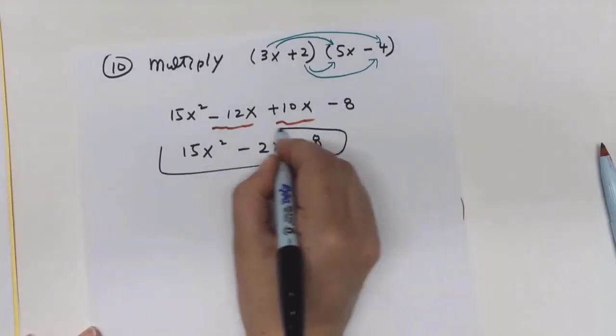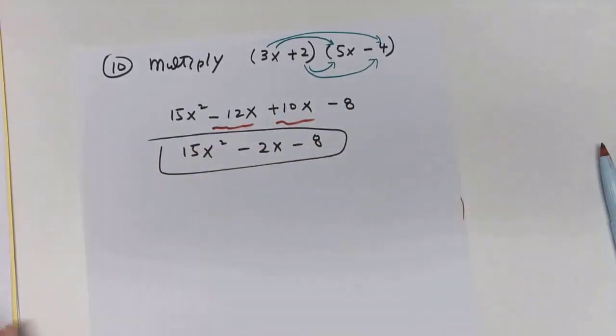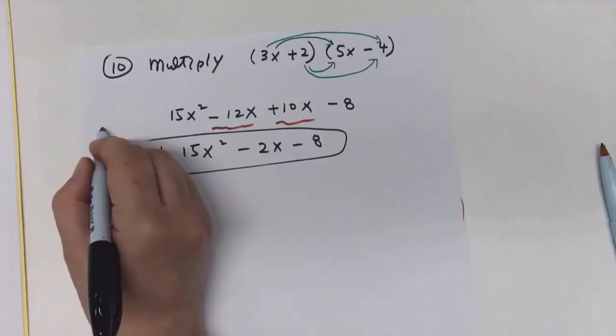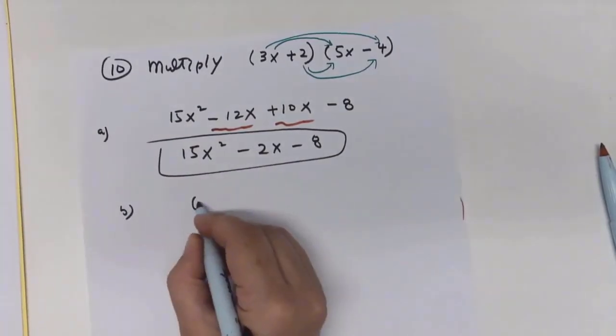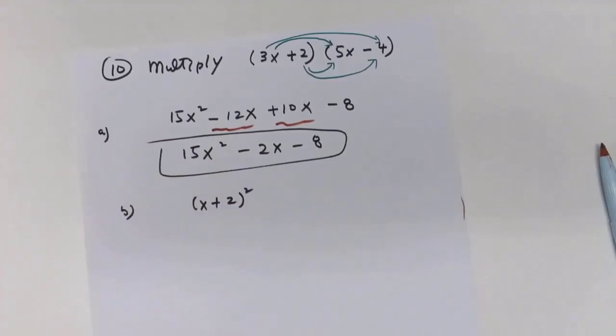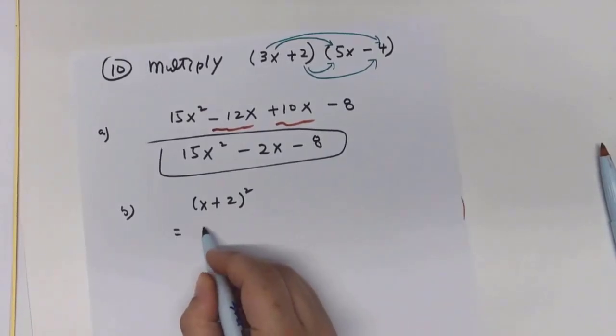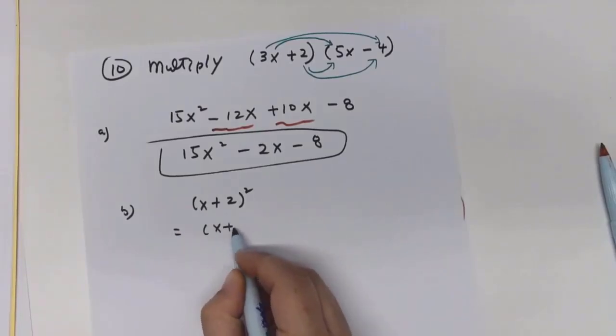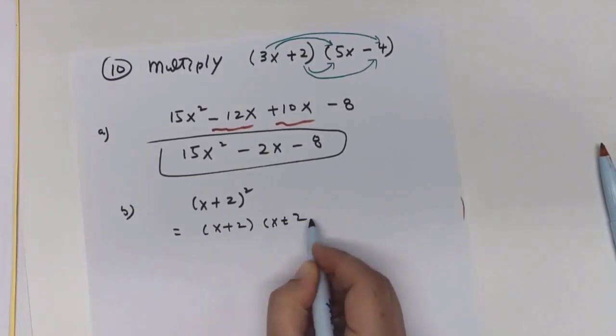Are we okay? Alright, so what if I have x plus 2 squared? How do I multiply those? X plus 2, x plus 2. Okay.